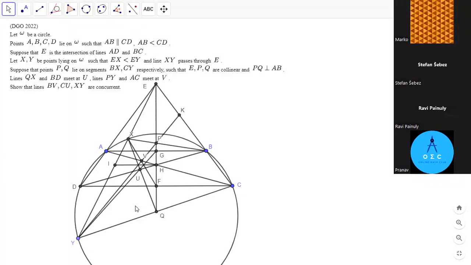E, H, P, and Q are harmonic. How do you see that? Let me think. E, H, P, and Q are harmonic, that's what you're saying.